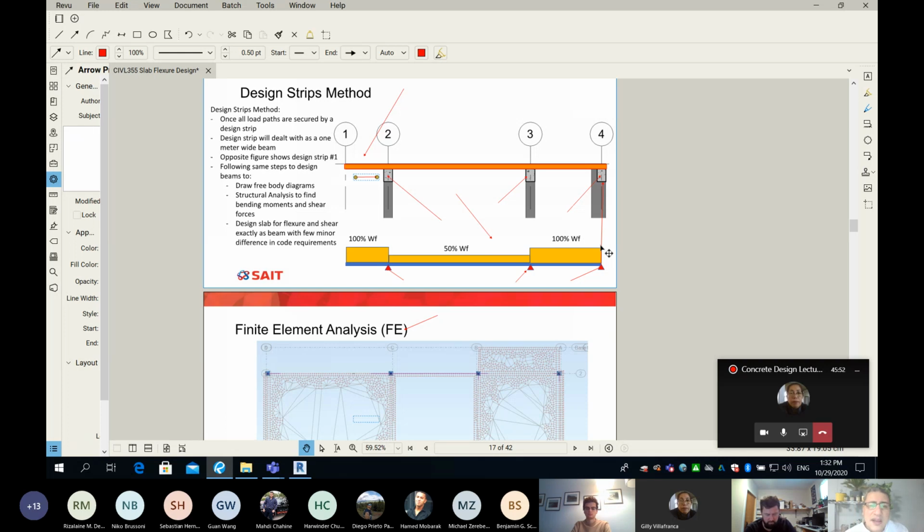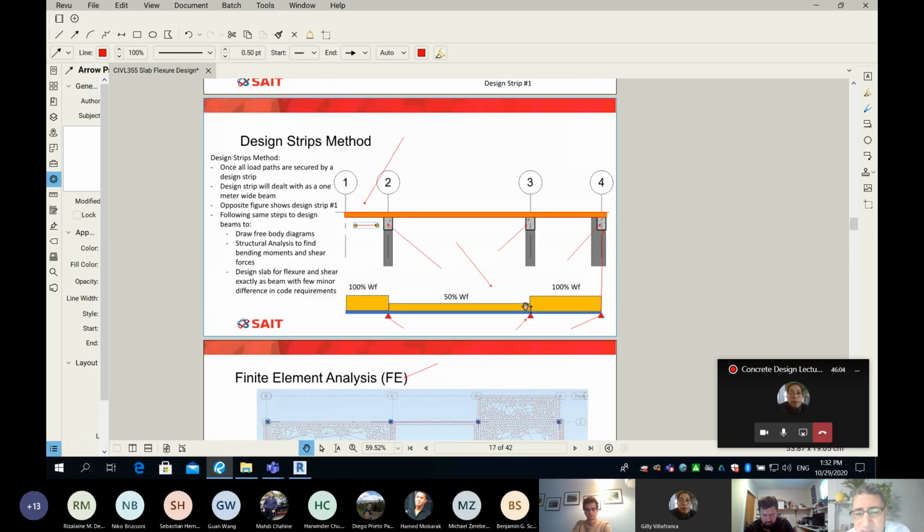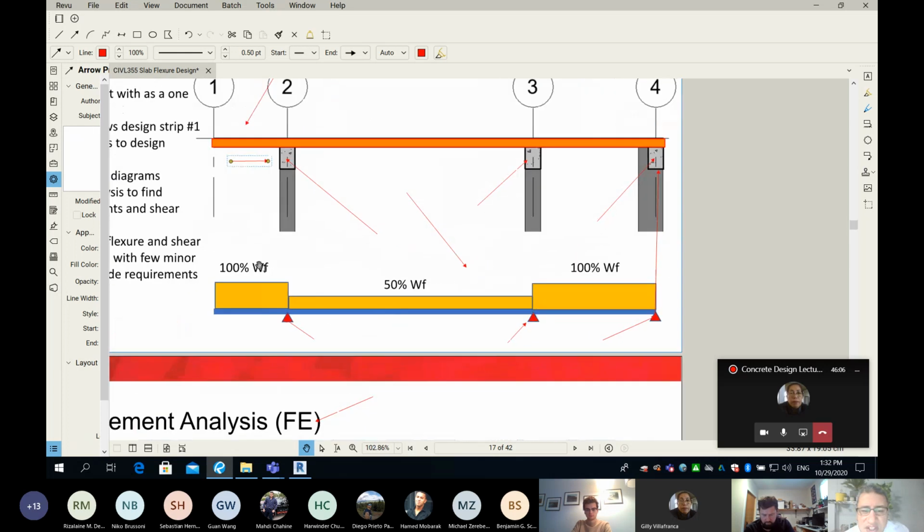Now, guys, you can see I'm getting close, because I said, okay, let's make a design strip here, and then I went from design strip into free body diagram. I'm asking you, if WF is, let's say, 10 kilo Newton per meter, can I find the moment? Can I apply the 10 here and the 5 here and the 10 here, and find my moment?